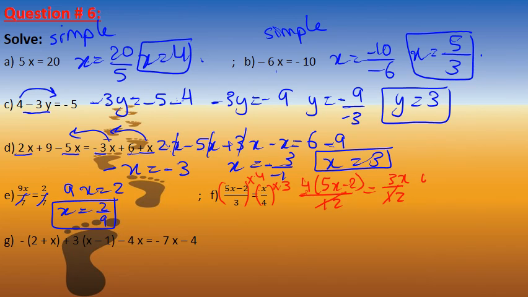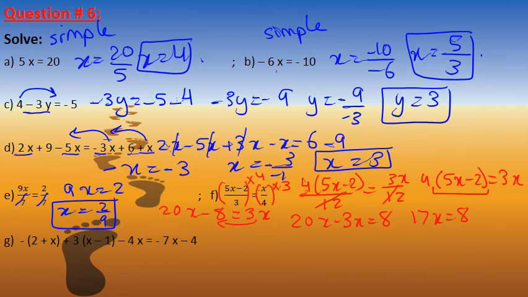So we have 4 into 5x minus 2 is equal to 3x. Now we should get rid of this parenthesis. We multiply by 4. So 20x minus 8 is equal to 3x. We get all the variables to the first side of the equation. 20x minus 3x is equal to 8. 17x is equal to 8. Then x is equal to 8 over 17.